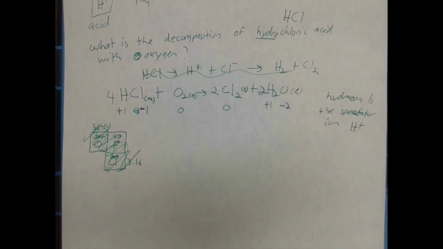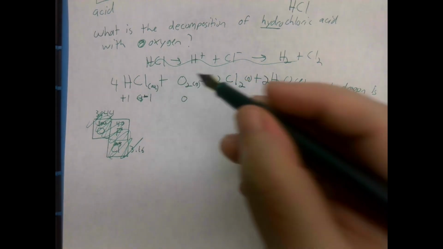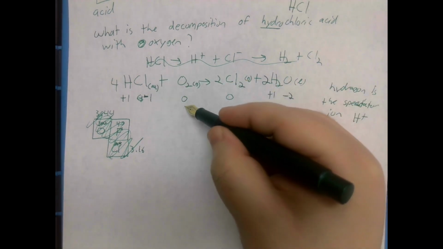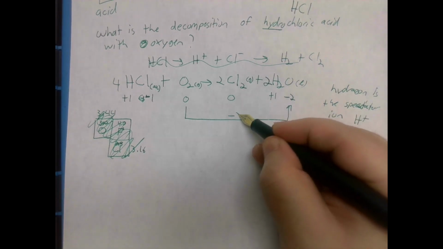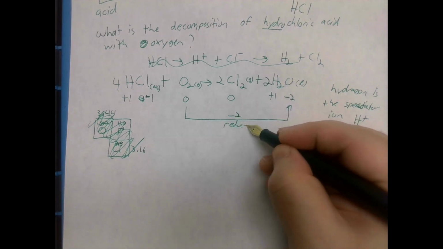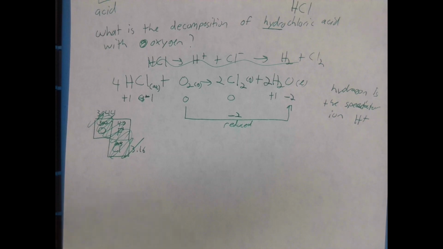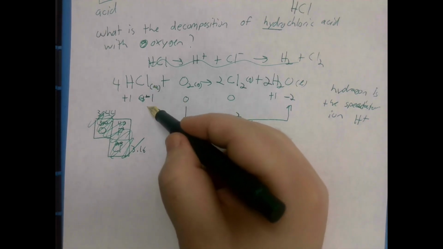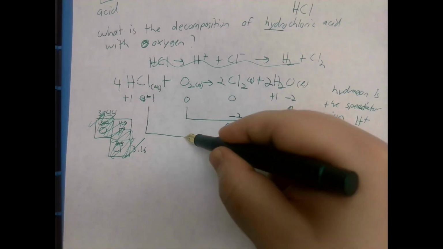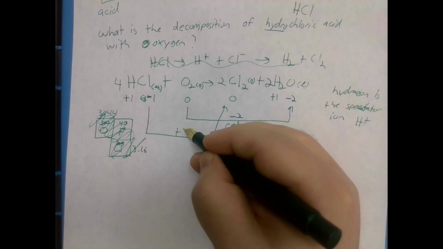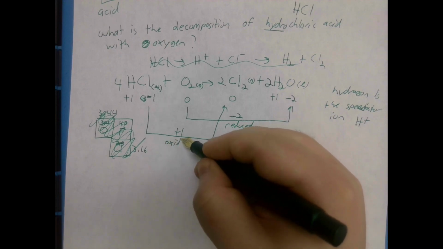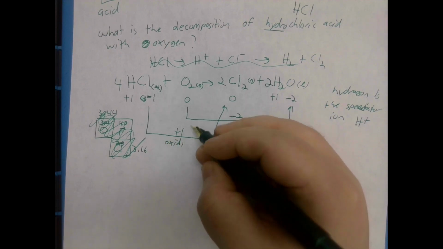So what is being oxidized? Well, we see oxygen is going from 0 to -2. That means it's being reduced by 2, which means chlorine is going from -1 to 0 by adding 1. Chlorine is being oxidized.